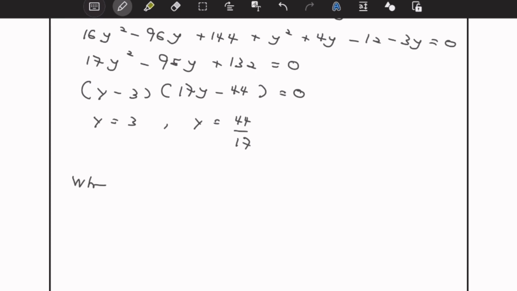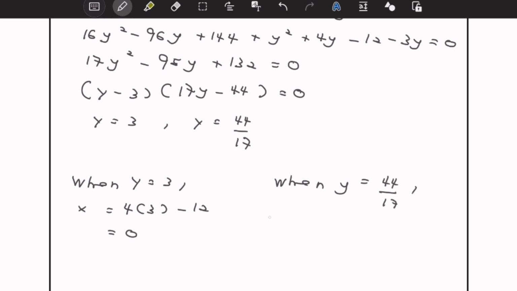When y equals 3, x equals 4 times (3) minus 12, so I get 0 here. And for the other value, when y equals 44 over 17, our x will be 4 times (44 over 17) minus 12, which calculates to minus 28 over 17.